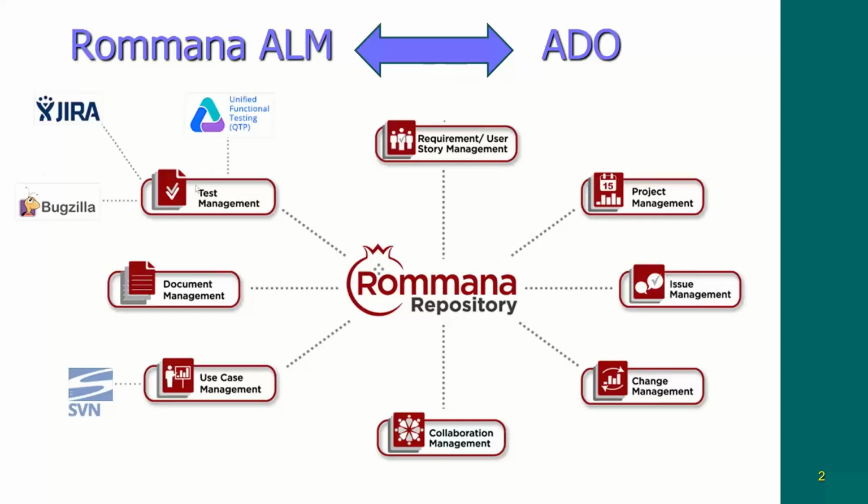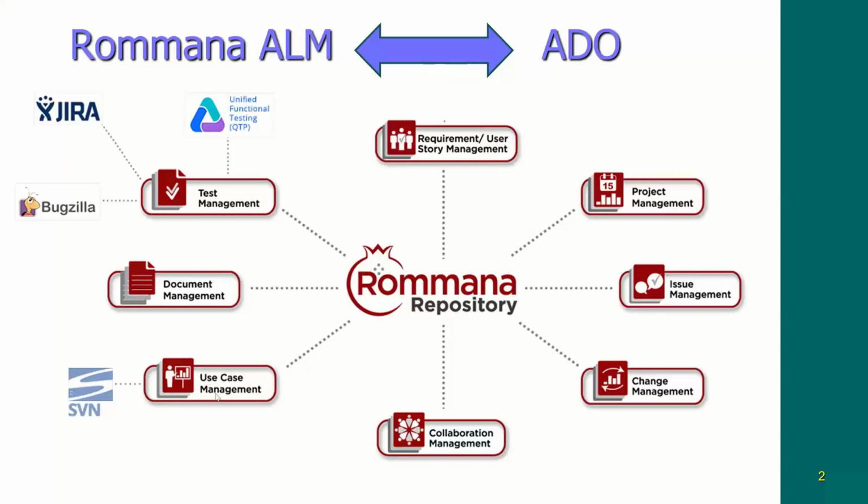There's a complete functionality of test management where you can design and maintain your test suites, and you can run your test suites and get a complete reporting from that. There's complete functionality of document management, where you can maintain your documents. You can get your documents reviewed and approved and everything. You can associate those documents with user stories or not.